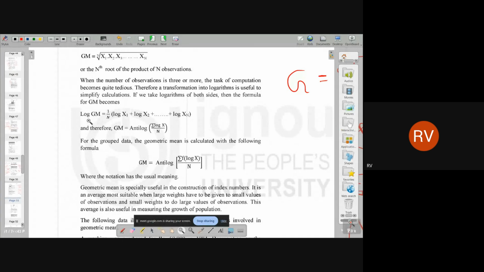Then log GM, the logarithm of the geometric mean, is equal to 1 by n times log x1 plus log x2 plus etc. plus log xn, since log ABC is equal to log a plus log b plus log c. Then finally find the anti-log, which gives the geometric mean. This formula, the sum of log x by n, is used for finding the geometric mean.